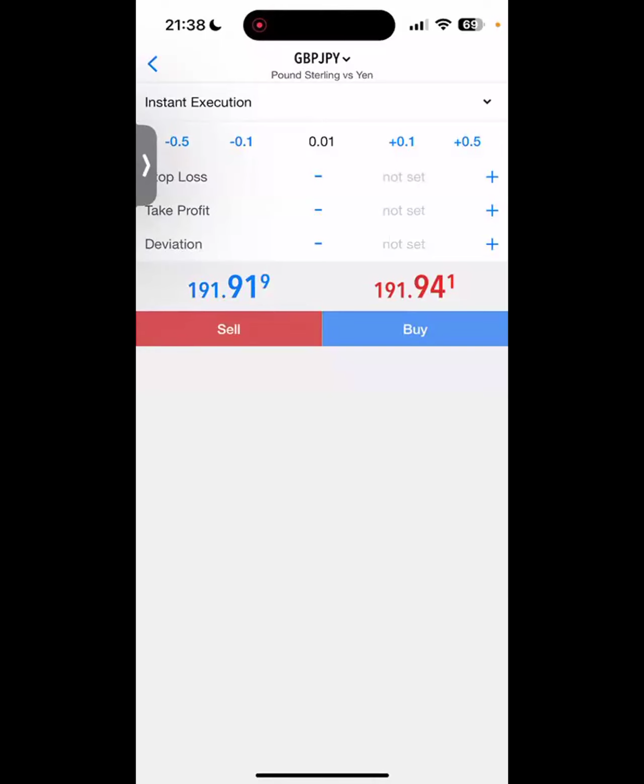If you have less than $100, you don't have access to 0.01 to 0.03. You have access to 0.01 and 0.02.